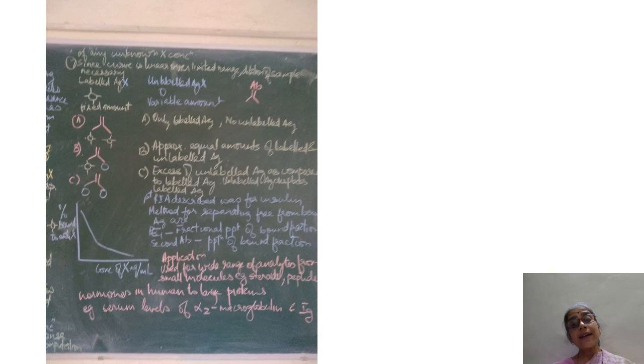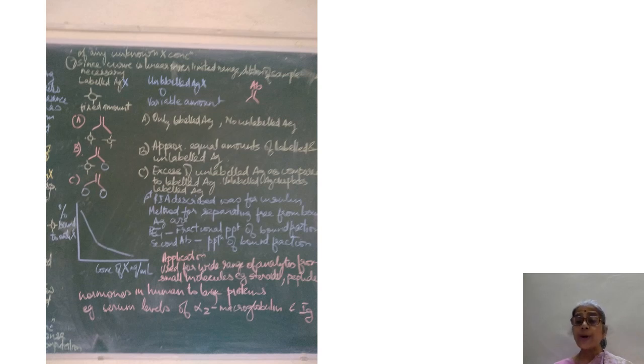And then again the unlabeled antigen concentration is increased. Now the unlabeled antigen is present in such greater amounts that it will displace all the labeled antigen present in the antibody binding site. So now the antigen antibody complex will give no radioactivity.